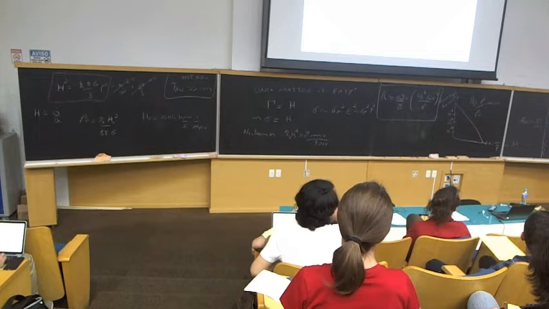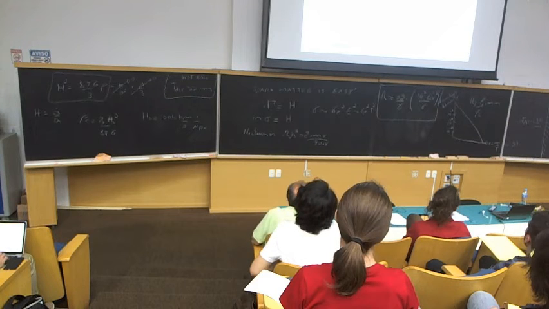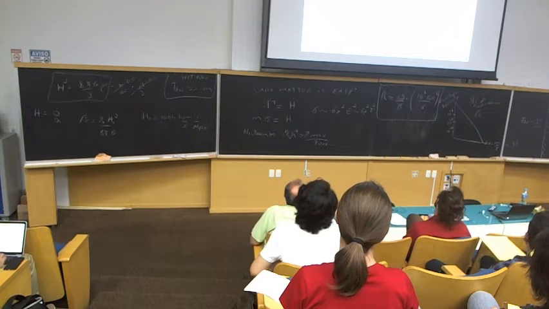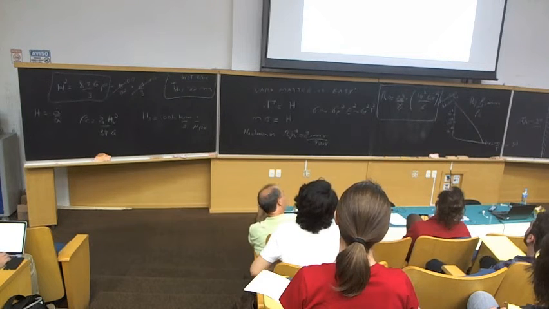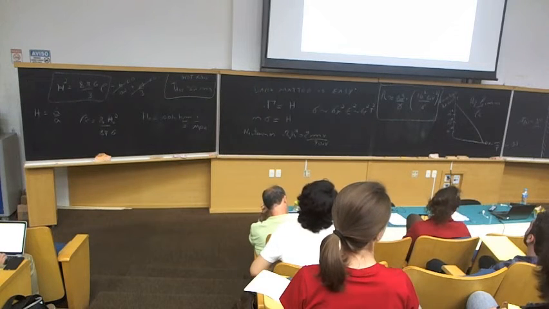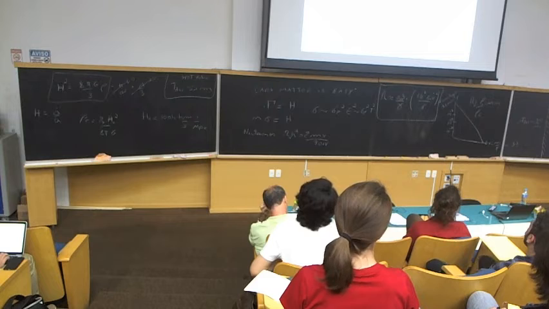You can prove, that's a very nice exercise, that this term here is related to how the universe expands, and this one is related to how these particles interact with other particles. Collision term.